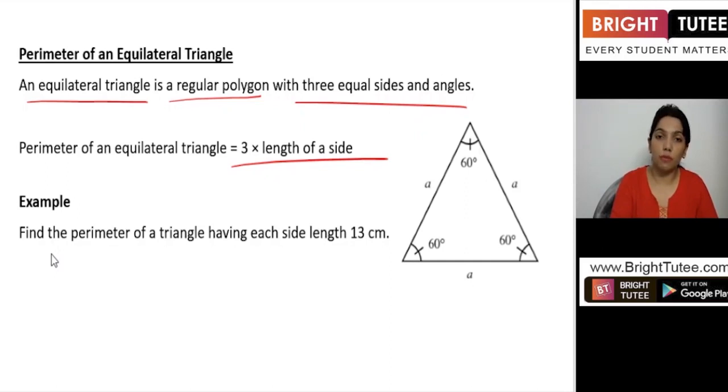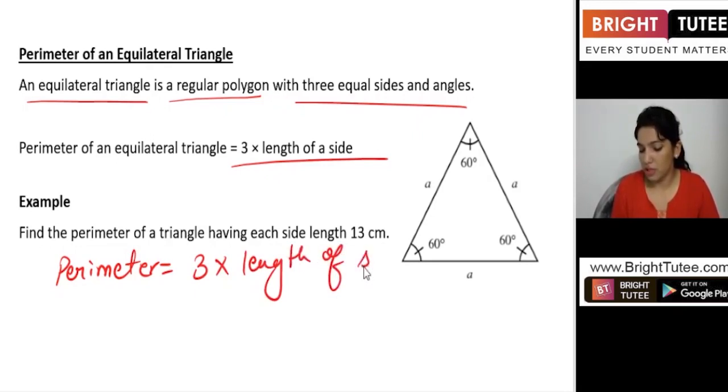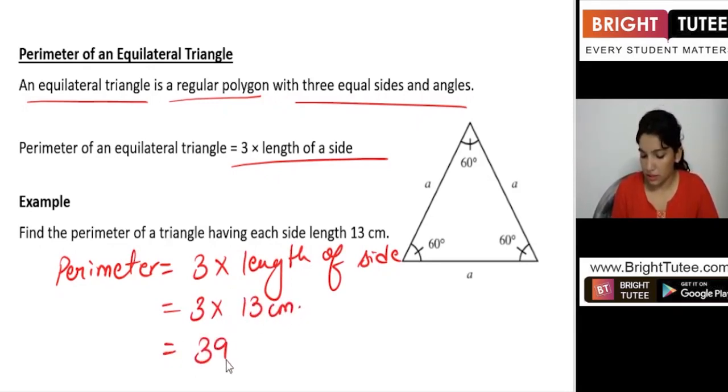Simply using the formula, let us find the perimeter. So perimeter is equal to 3 times the length of each side. What is the length of each side? It is given as 13 centimeters. So the answer is 39 centimeters. Simple. Equilateral triangle, 3 sides, so we multiply by 3.